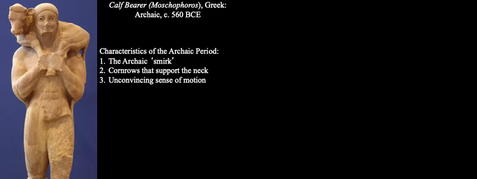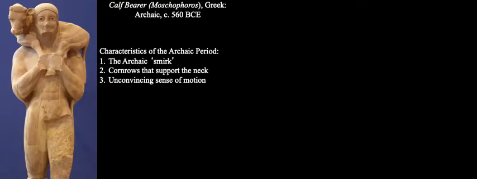are cornrows, braided hair. And that braided hair is both kind of a style thing, but it also provides extra support for the head. Now, to be honest, this guy doesn't need more support around his head. He has a cow around it. But many Greek statues, like that guy, don't have a cow.